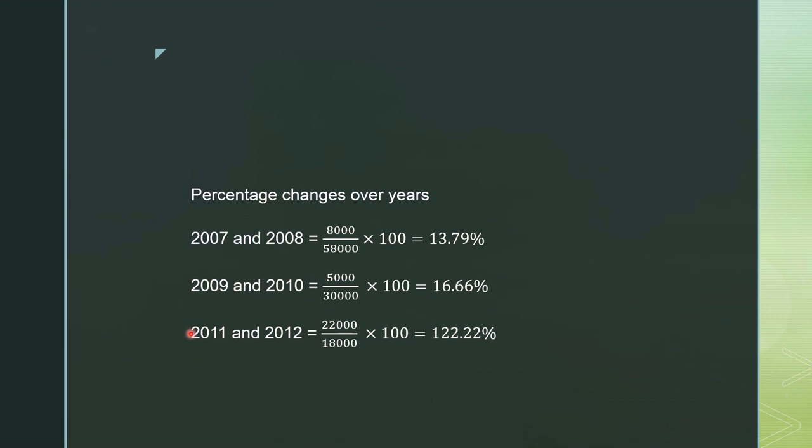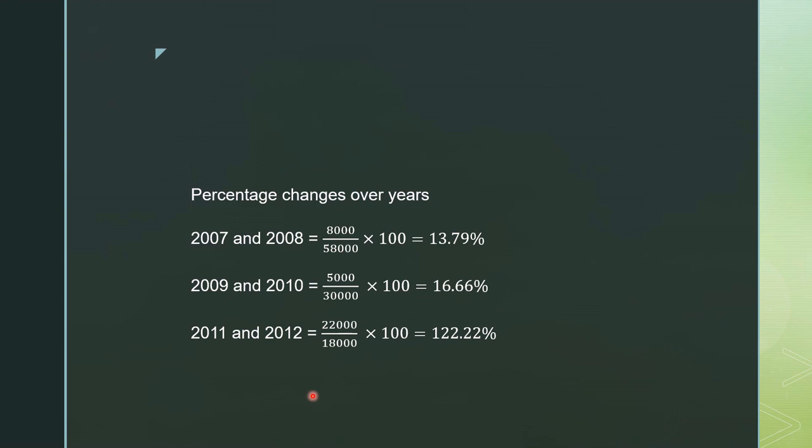In the third year, 2011 and 2012, the initial value in 2011 is 18,000 and in 2012 the final value is 40,000. So the final value is greater than the initial value. So here we follow the second method, that is final minus initial divided by initial.